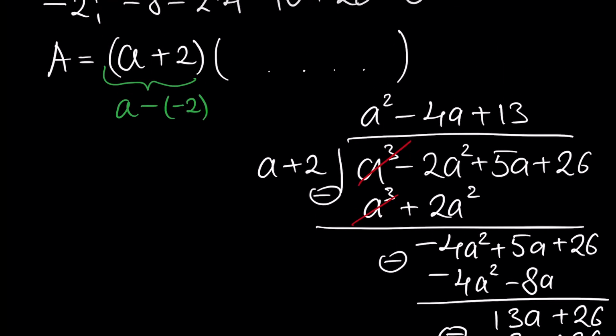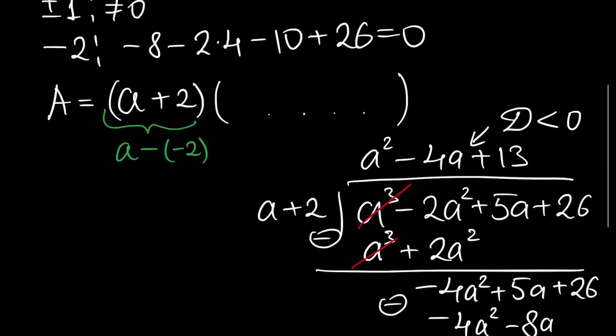In other words, if we divide this polynomial by this polynomial of degree 1, we will have this polynomial of degree 2. We can check that the discriminant of this polynomial will be less than 0. That's why this polynomial of degree 2 doesn't have real roots.